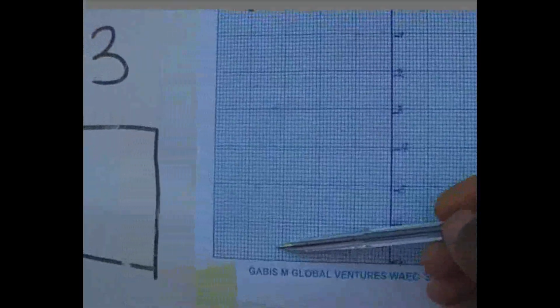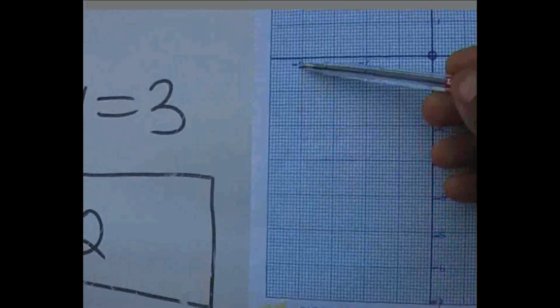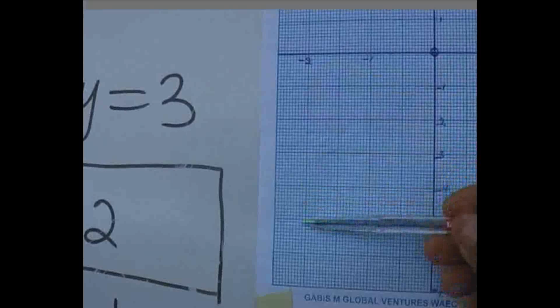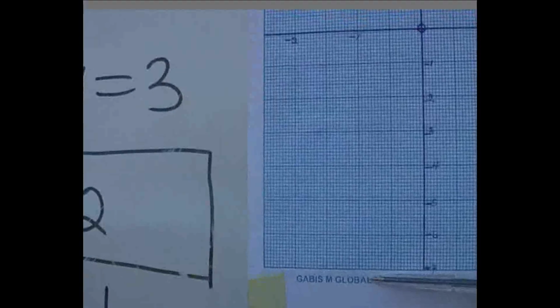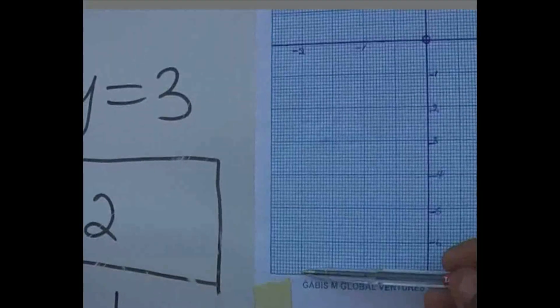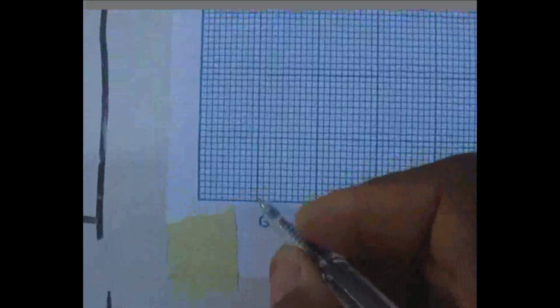So this line meets with the line of minus 2 here. So join this line with this line. You can see that they met at this place. So put your point here.